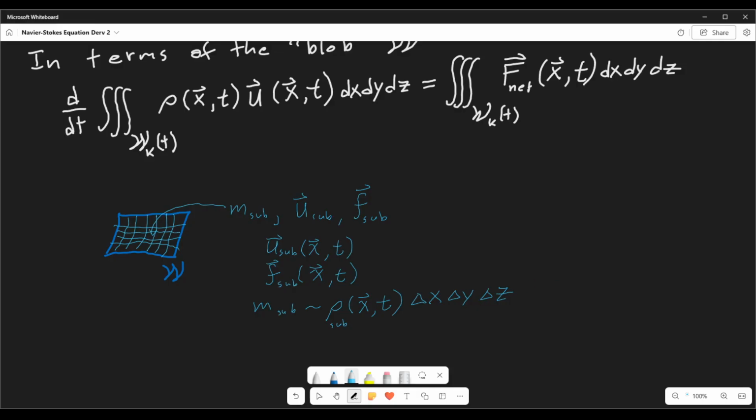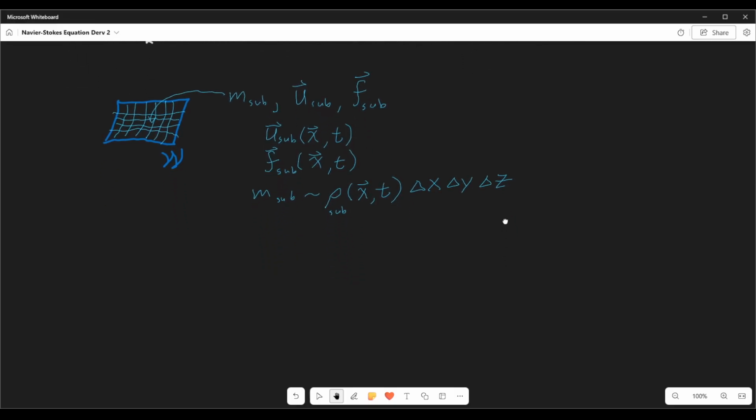So what is basically done with this is to again apply force equals mass times acceleration.